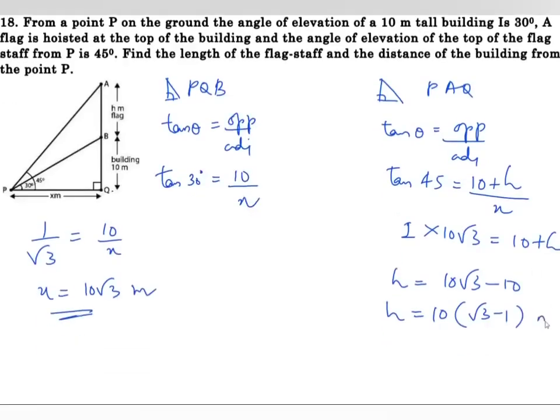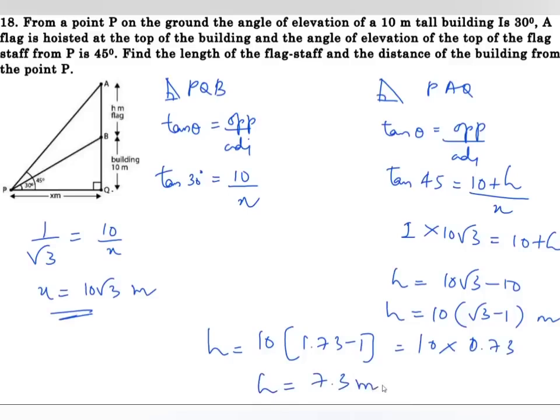H equals 10 (root 3 minus 1) meters, or we can calculate: if they give the value of root 3, you can substitute it, that is 1.73 minus 1, we get 10 into 0.73, which is 7.3. Therefore the height of the flag post is 7.3 meters.